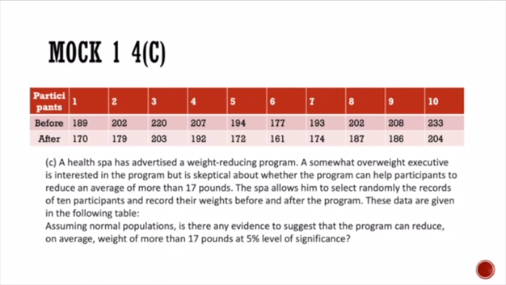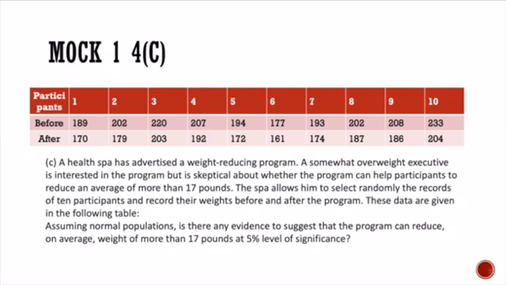Mod 1, question 4c. A health spa has invented a weight reduction program. Some overweight people show interest in the program, and the program claims to reduce weight by an average of more than 7 pounds.